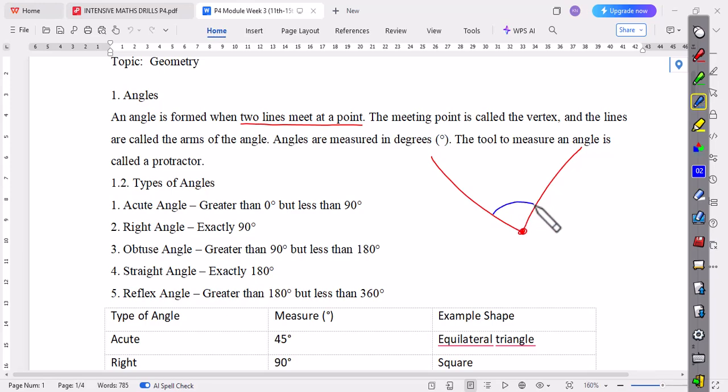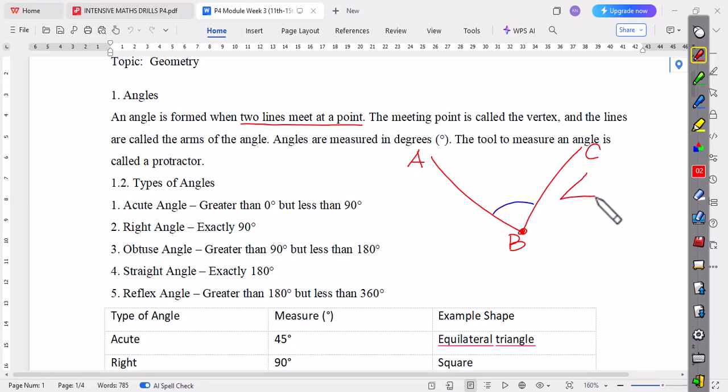Okay, how to name the angle? To name the angle, we have two ways. The first way is by using three letters, and the second way is by using one letter, the point of the angle only. Let's say we have A, B, and C. To name the angle, we can use the first way. We use the symbol of angle.